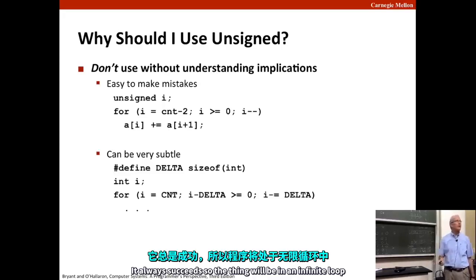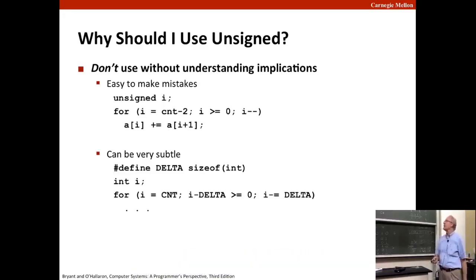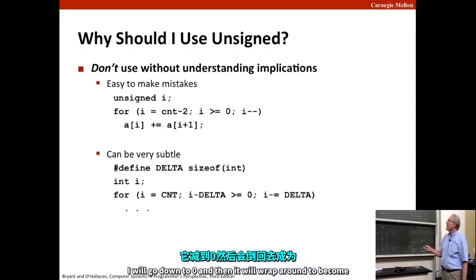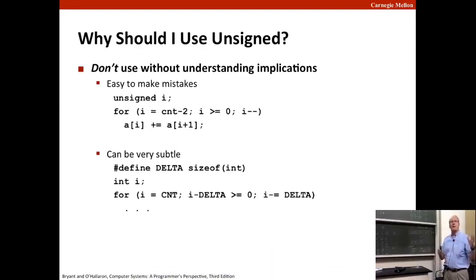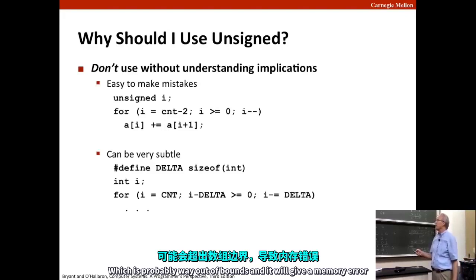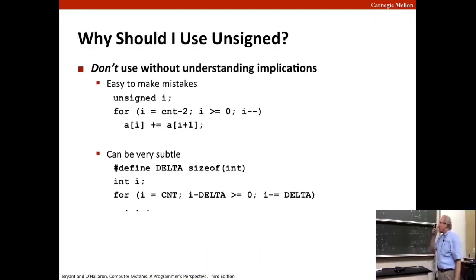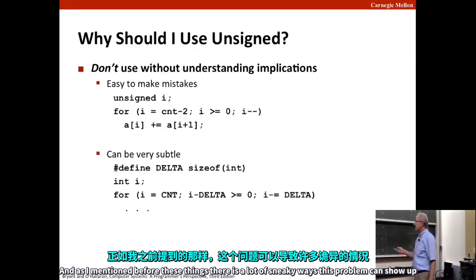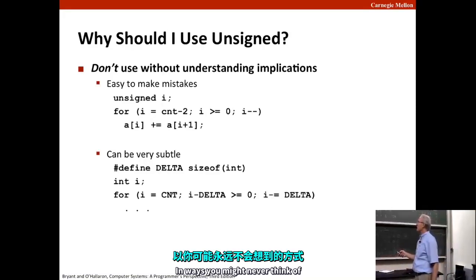It always succeeds, so the thing will be in an infinite loop. Actually, what will happen is it will go down to 0, and then it will wrap around to become the largest possible unsigned number, which is probably way out of bounds, and it will give a memory error. But it won't do what it's supposed to. And as I mentioned before, there are a lot of sneaky ways this problem can show up in ways you might never think of.